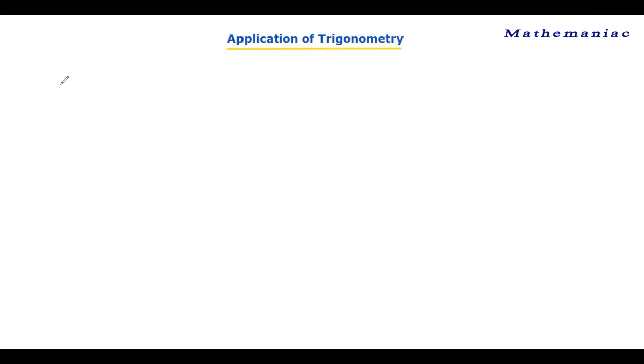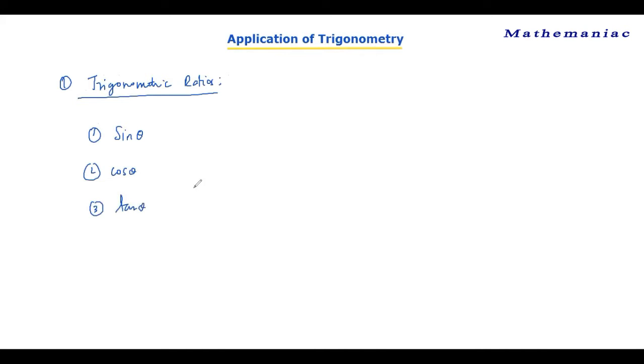Trigonometric ratios. There were six trigonometric ratios. What we had was sine theta, then cos theta, and tan theta.